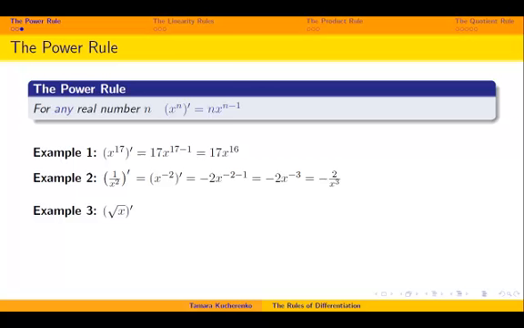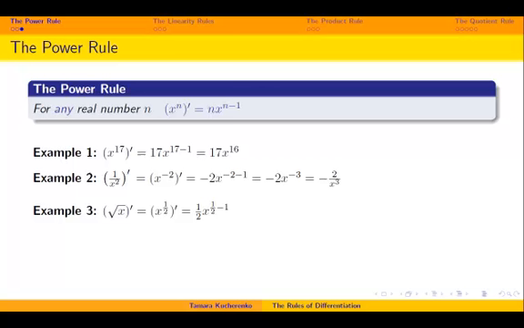The next example is to find the derivative of the square root of x. First, rewrite the square root of x as x to the 1/2. Then use the power rule. We bring down 1/2 and then subtract 1 from the exponent.